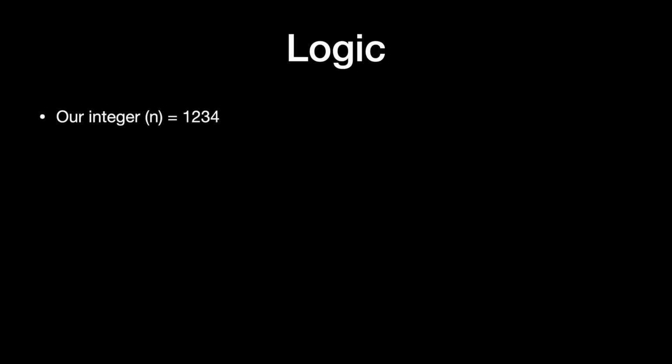First, let's take our integer 1234 and name it variable n. If we look at this number, we can see there are already 4 digits. As humans, we can count it. But for a program, how do we actually count the number of digits?